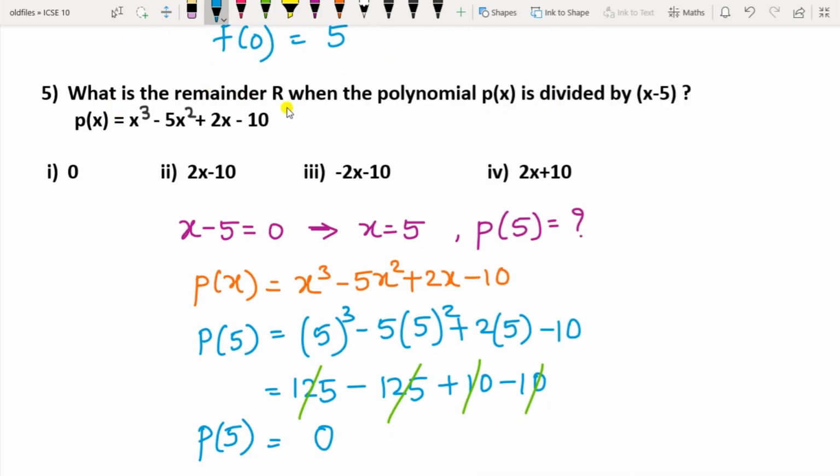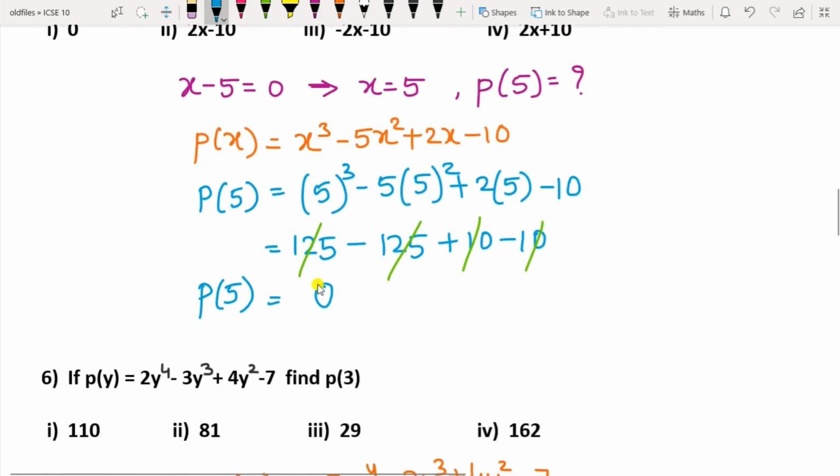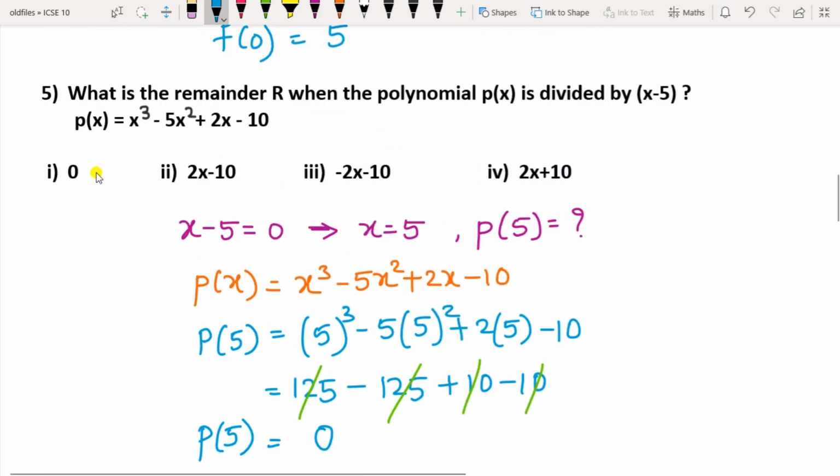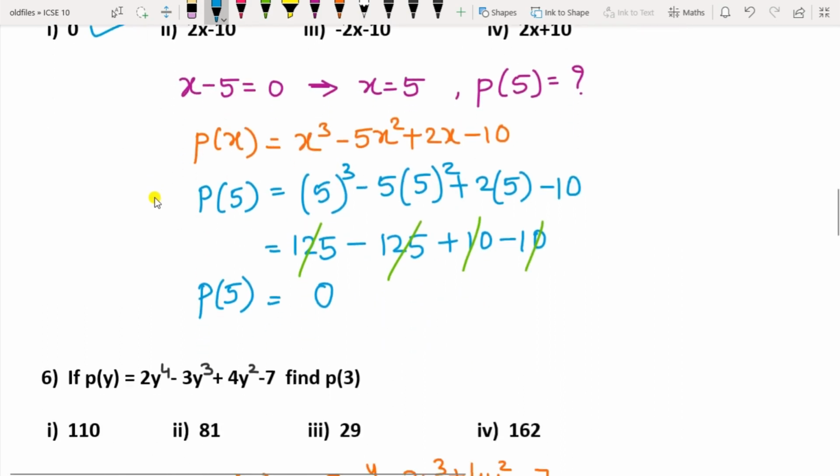What is the remainder r when the polynomial p(x) is divided by x minus 5? So x minus 5 is the factor here, so x minus 5 is equal to 0, so x is 5. Therefore p(5) you have to find, that is the remainder. Write the equation and substitute x equal to 5 in the given equation. So you get the value as 0 here. So option 1 is the correct option. So 0 is the remainder.